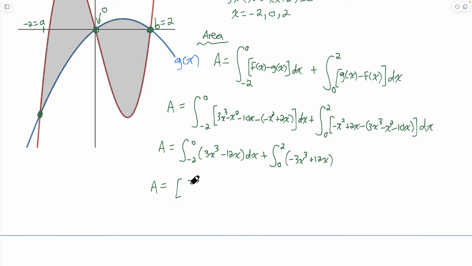So the first one would be 3x to the 4 over 4 minus 12x squared over 2, which I'll just write as 6x squared. And then my second definite integral, the antiderivative would be negative 3x to the 4 over 4 plus 12x squared over 2, which I'll just write as 6x squared.